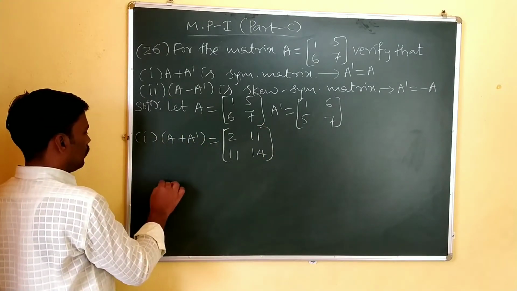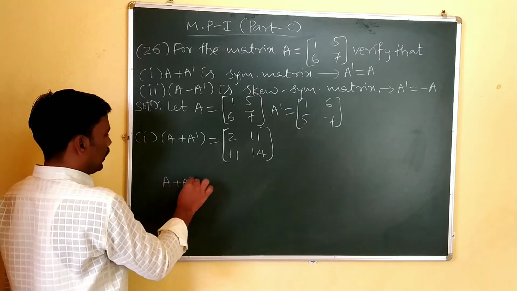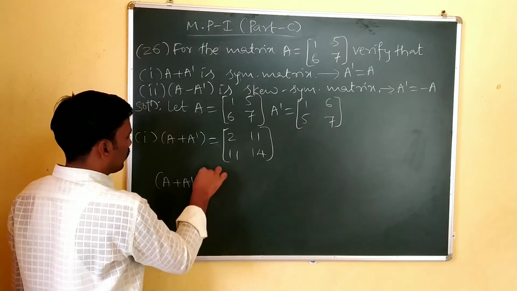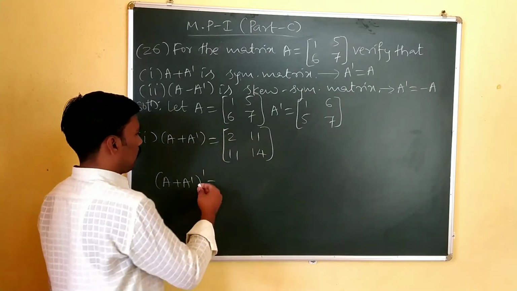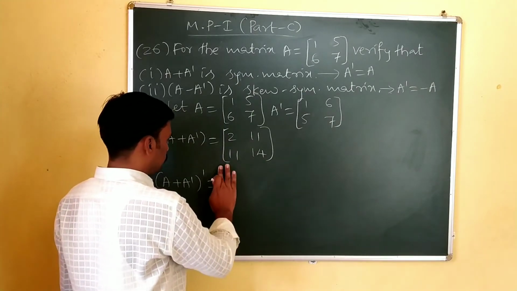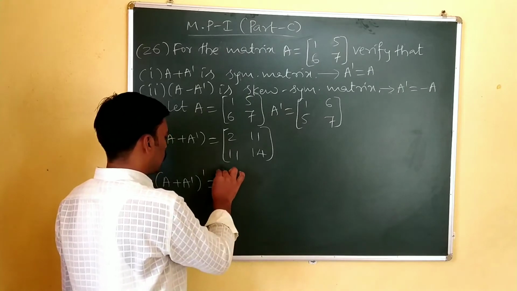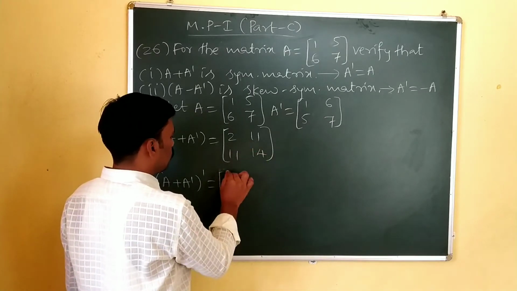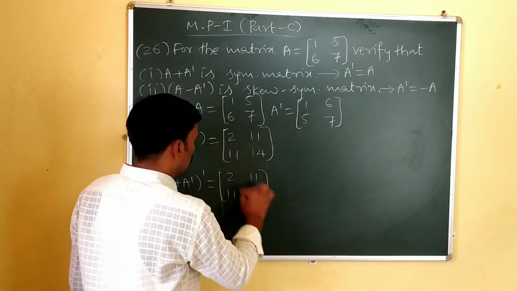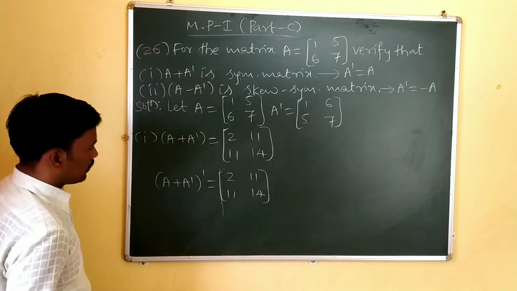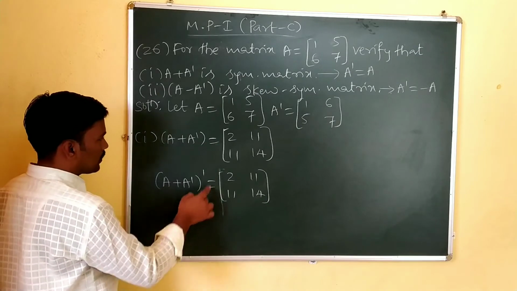Now for A plus A dash, take the transpose of the above matrix, which is again the same. Change the rows into columns. Now 2, 11, 11, 14. This is (A plus A dash) dash. Now compare these two matrices, they are the same.